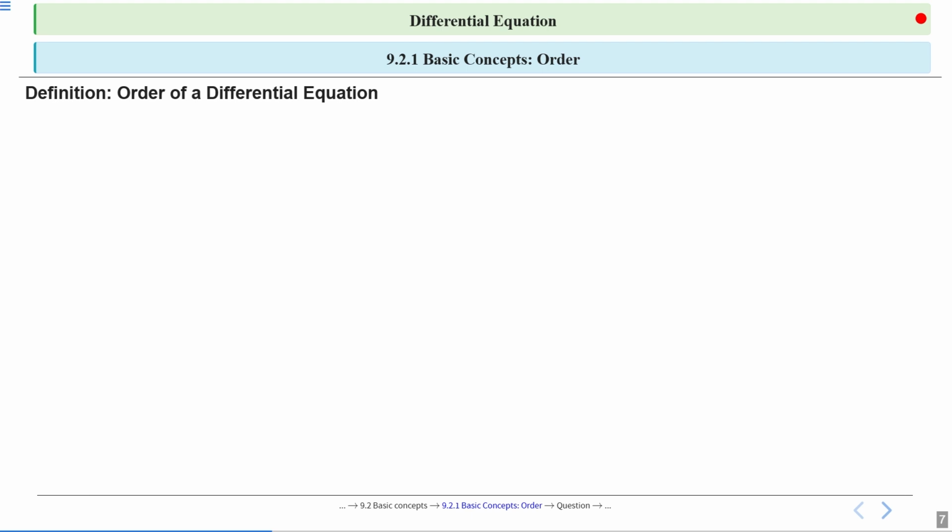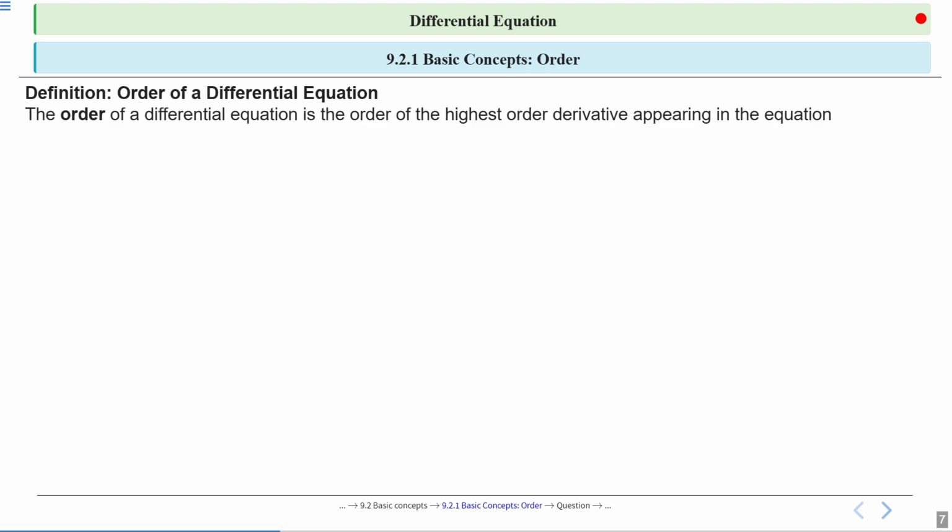So the first basic concept is the order of a differential equation. To define it, the order of a differential equation is the order of the highest order derivative appearing in the equation.